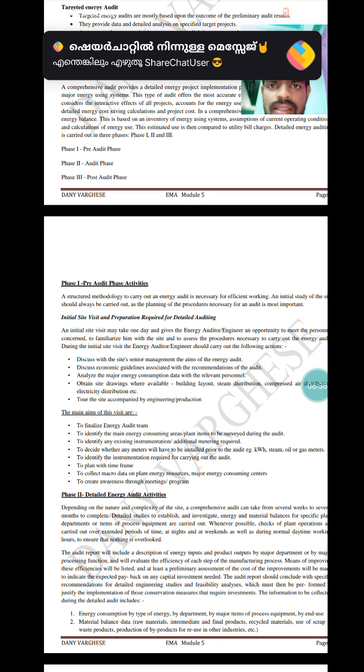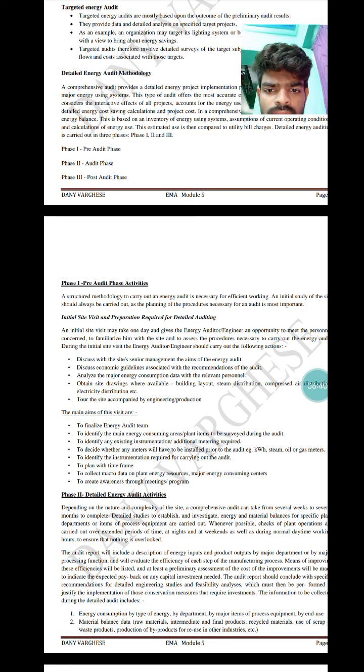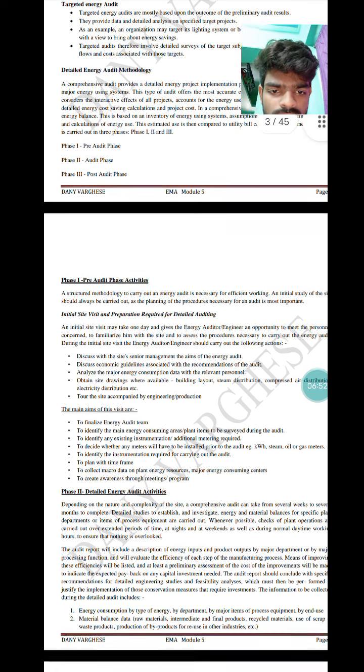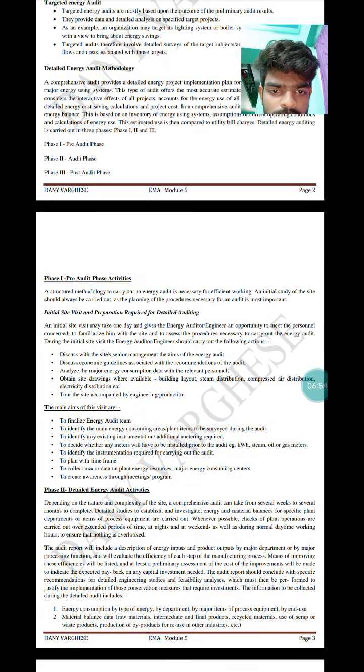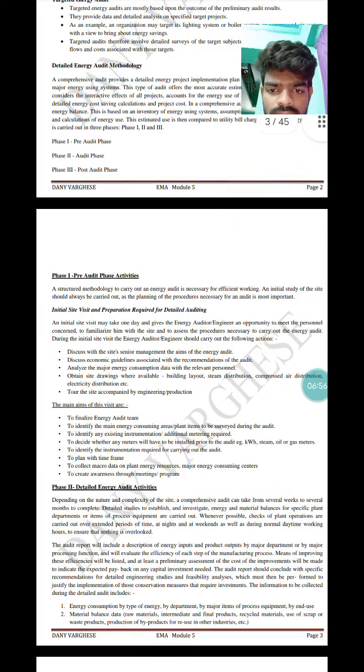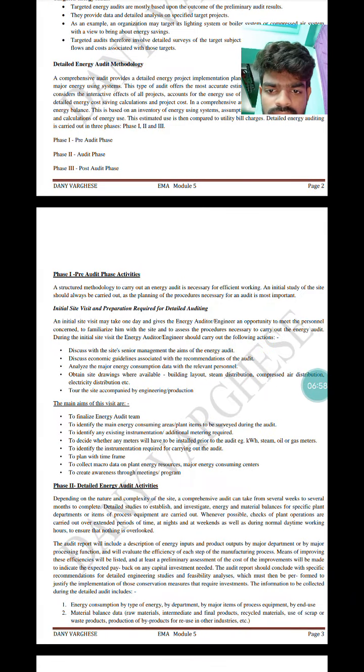Next, discuss the economic guidelines associated with the recommendations of the audit, and analyze the major energy consumption data with relevant personnel. Obtain the site drawings where available, such as building layout and steam distribution, compressed air distribution, electricity distribution, etc. And finally, tour the site accompanied by the engineers or production staff.